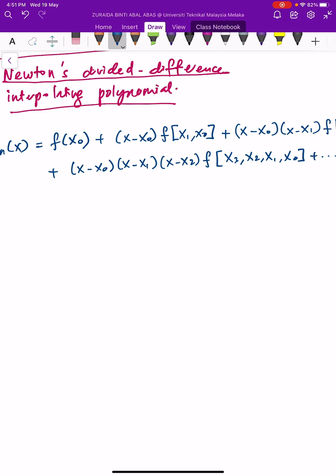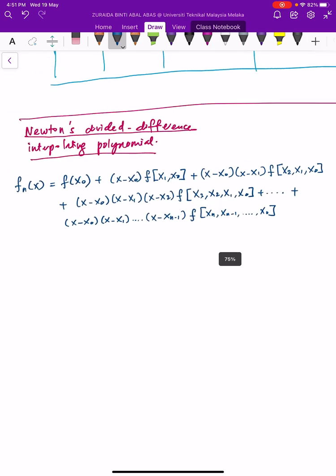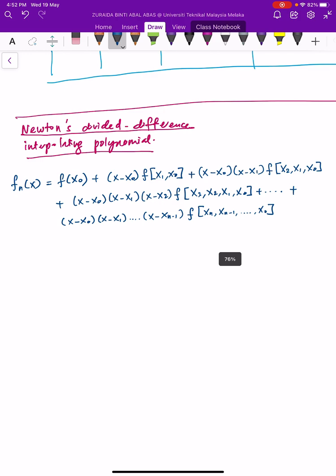So in general, it is (x minus x0), (x minus x1), then you can multiply up to (x minus x(n-1)). Then of course, you need to find the nth divided difference, which is x n, x(n-1) and extends down to x0. So this is the general formula for Newton's divided differences of nth order.